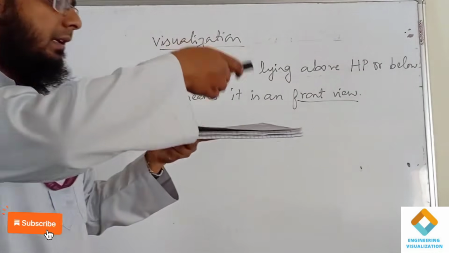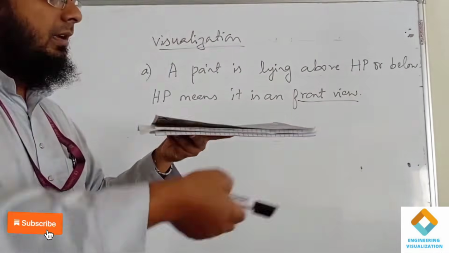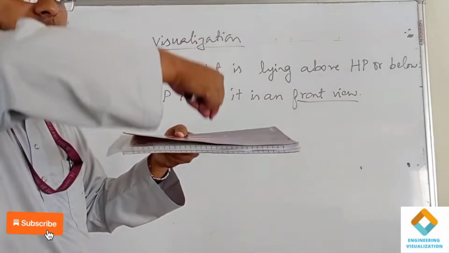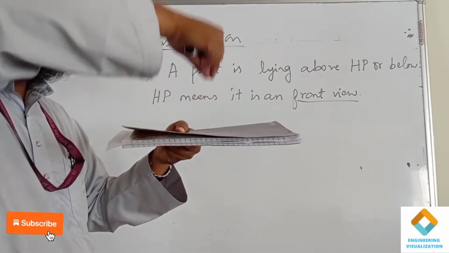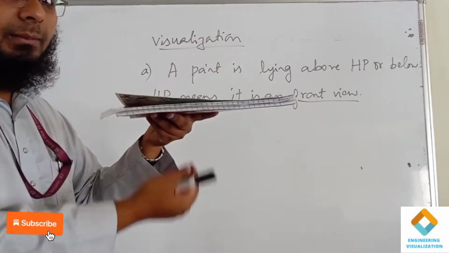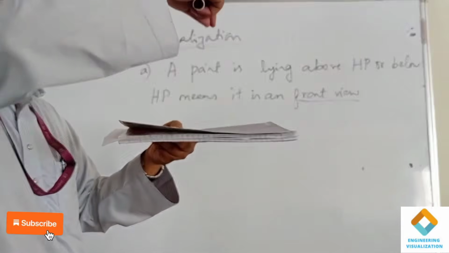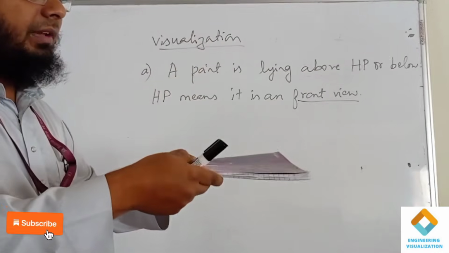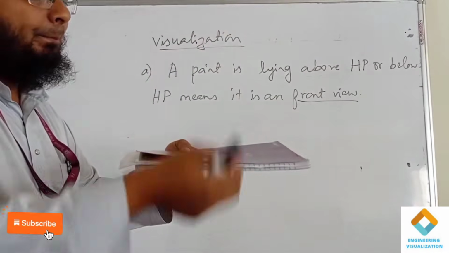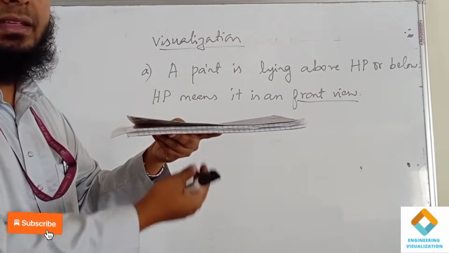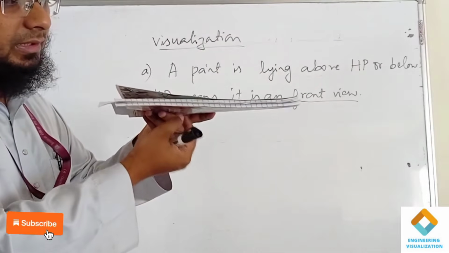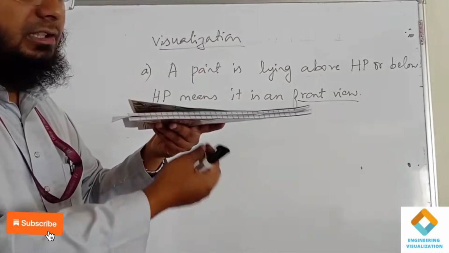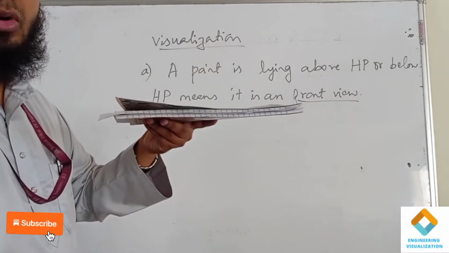Say any point, consider this is our pen. If it is lying above HP or below HP, this point has a certain distance from the horizontal plane, say 50 mm above HP or 30 mm below HP. This distance can be projected on the vertical plane, correct? So if any point is lying above HP or below HP, it is a front view, because the distance from that particular HP plane, whether above or below, can be seen only from the front view.